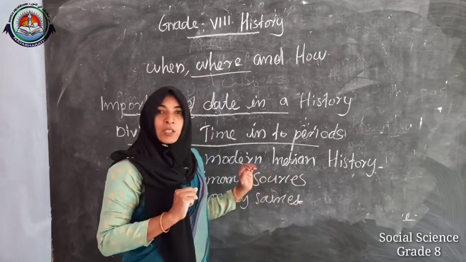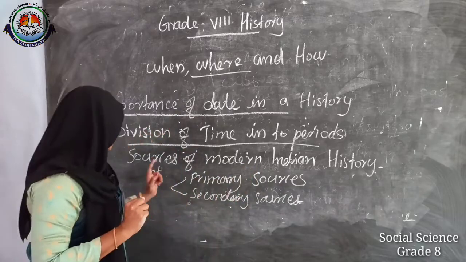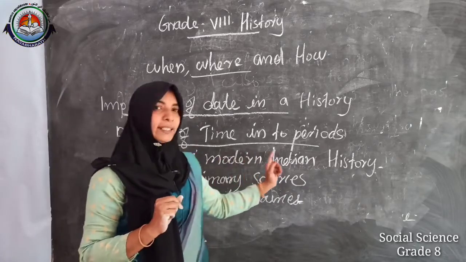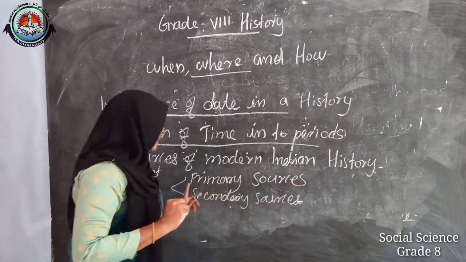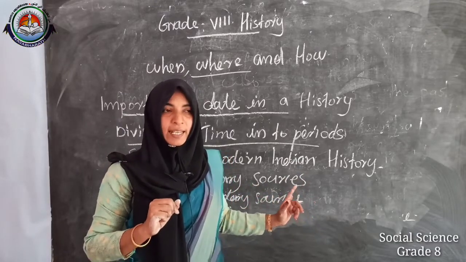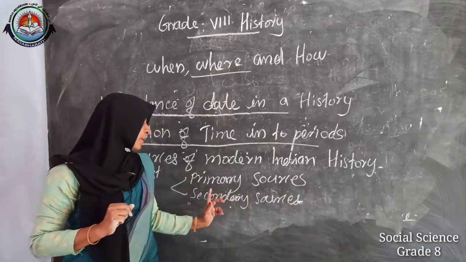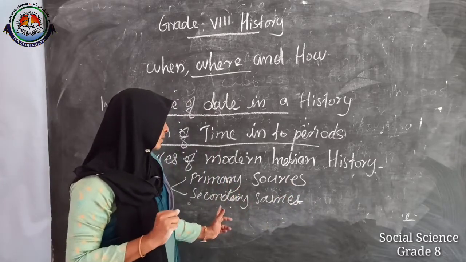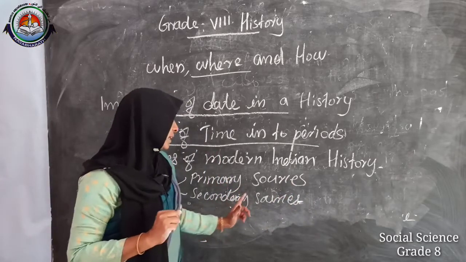Then sources of history. Next, sources of modern Indian history. That is mainly divided into two categorizations. The first category is divided into two: primary sources and secondary sources.